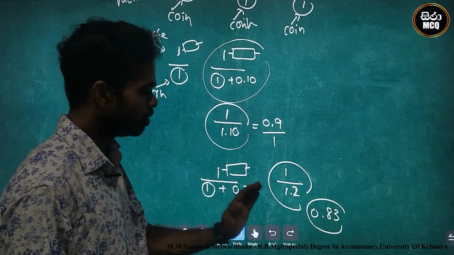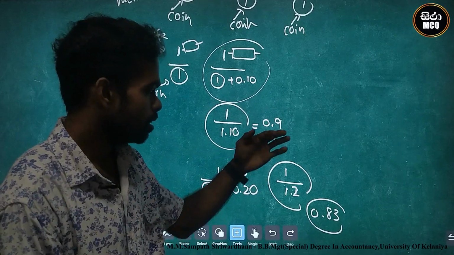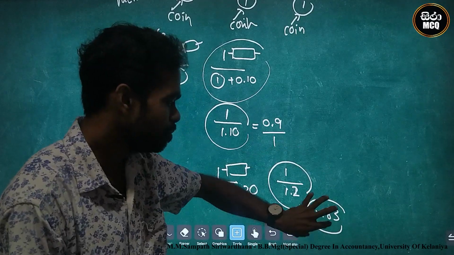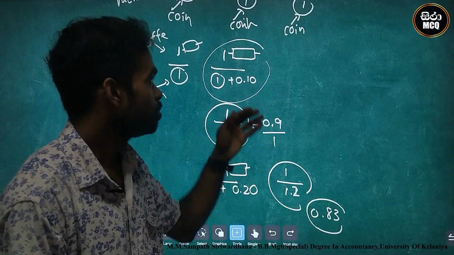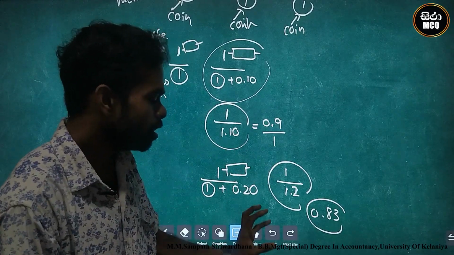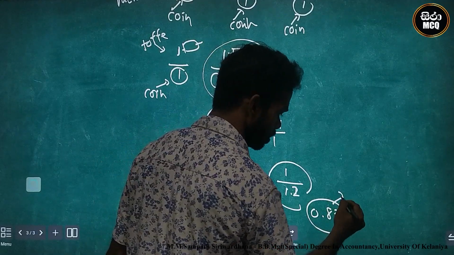The current situation is 0.9. After 1 year, the expected rate of return is increasing. The purchasing capacity for the expected rate of return was increasing. After that, discount factors are decreasing. Discount factors means number of toffees.